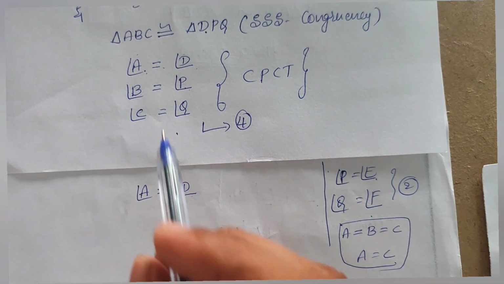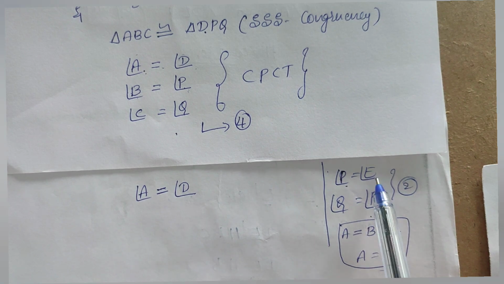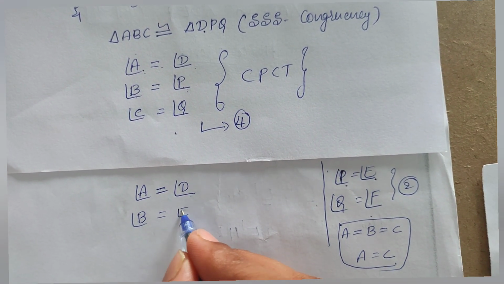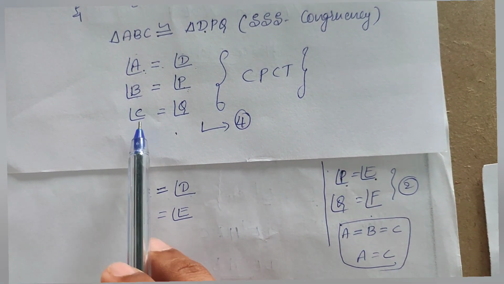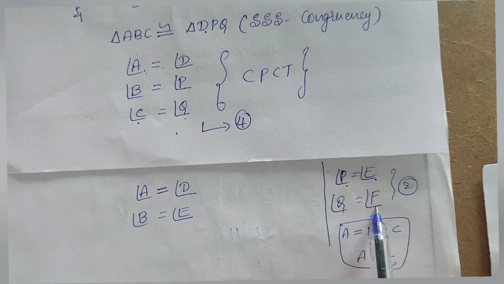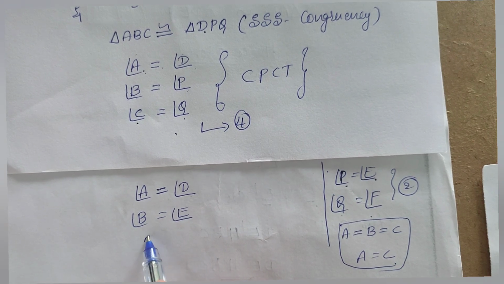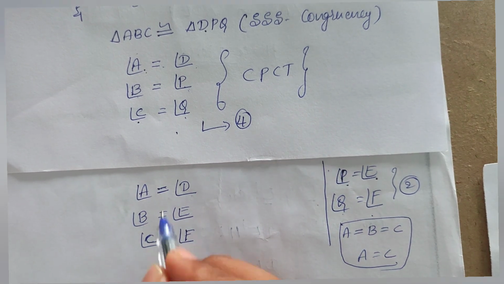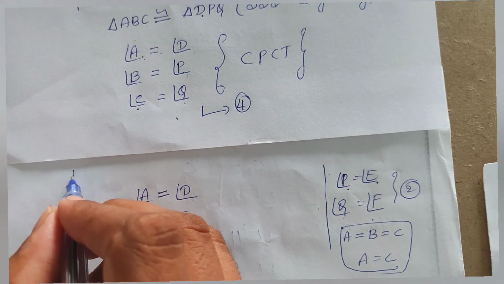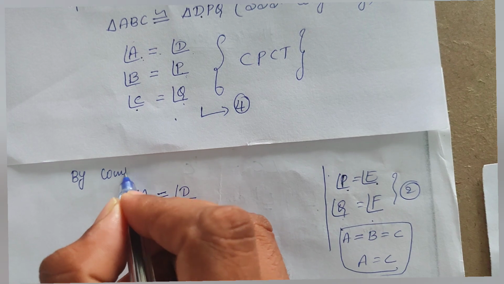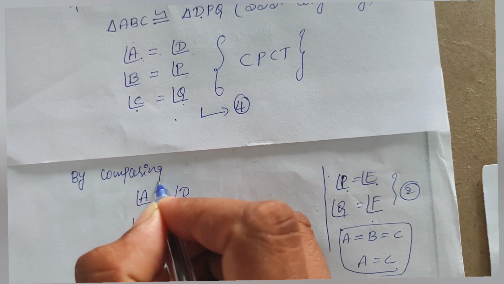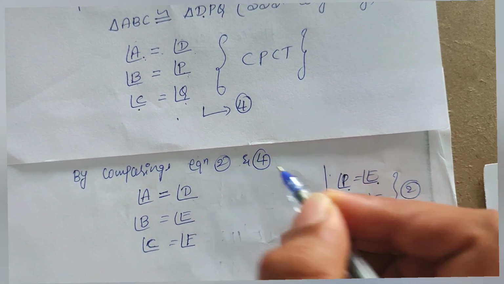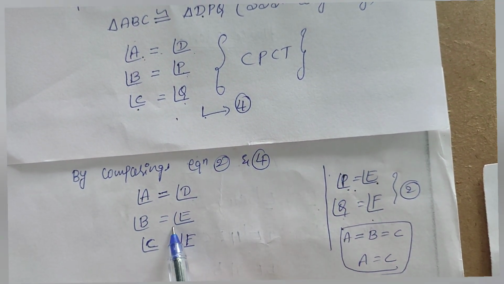In the same way, here angle B is equal to P and P is equal to E, which means angle B is equal to angle E. In the same way, here C is equal to Q and Q is equal to F. So we can write angle C is equal to angle F. So we got these three pairs by comparing equations 2 and 4.